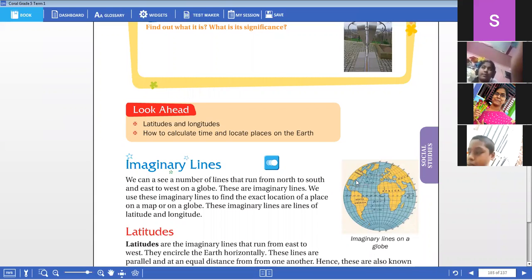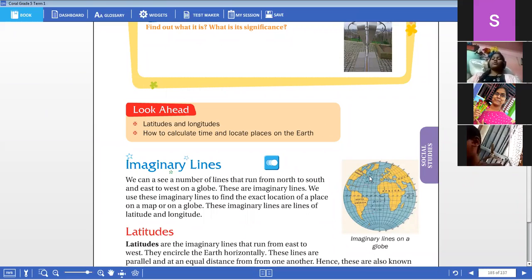On that you find many lines which pass from east to west, and lines which pass from north to south.